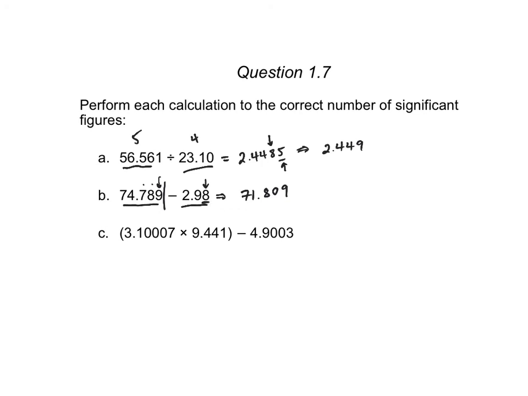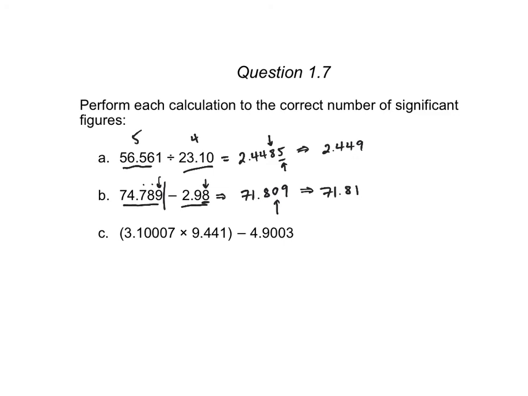And so we're going to report our answer to the hundredths place because of that. So the hundredths place is here. Now if I look directly to the right of my hundredths place, it's a 9. So what do I need to do to the digit? I need to round up. So this is going to be 71.81. This is the correct answer.